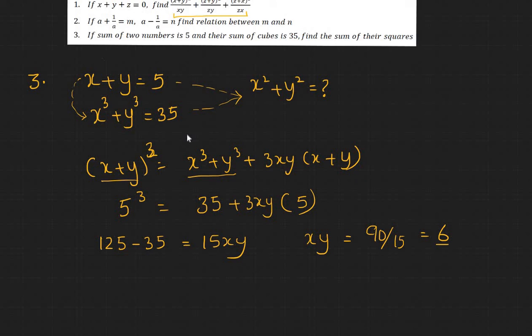Once you get xy as 6 and you know that your x plus y is 5, it's quite easy to find x squared plus y squared, because you can square and then you can get this. So what would be x plus y the whole square? That would be x squared plus y squared plus 2xy.